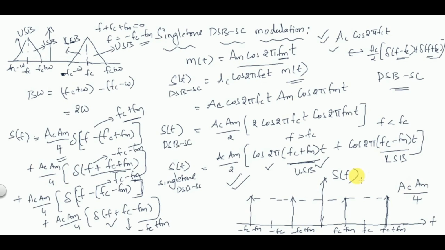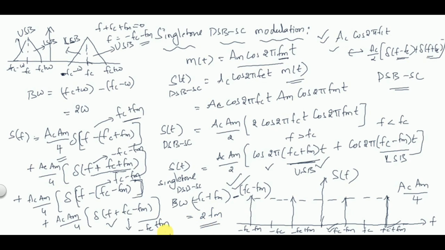So this is the spectrum of single tone modulation. Let's find the bandwidth in this case also. The highest frequency is fc plus fm, minus the lowest frequency fc minus fm, so you again get 2fm, twice the message signal frequency.